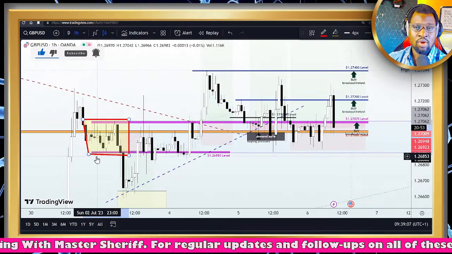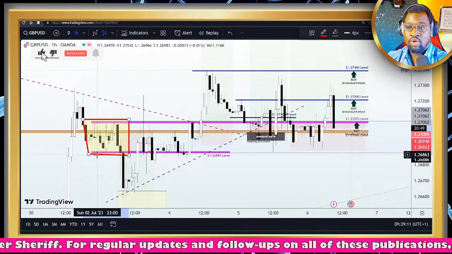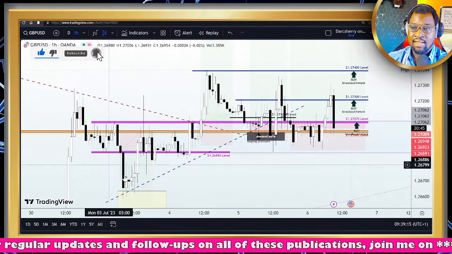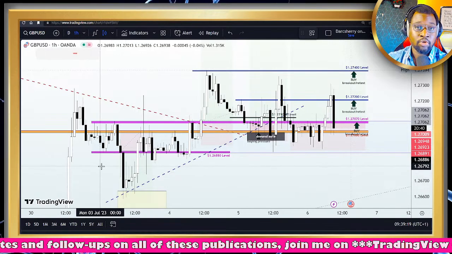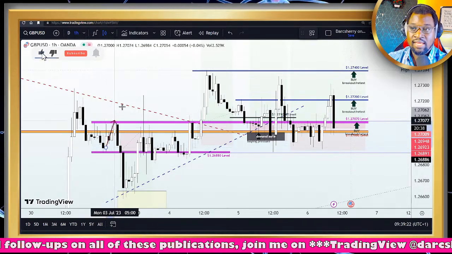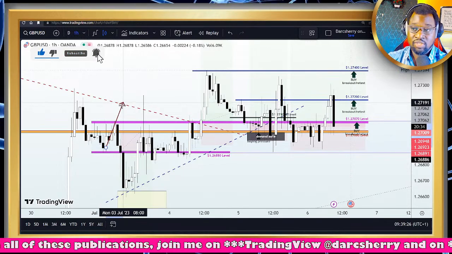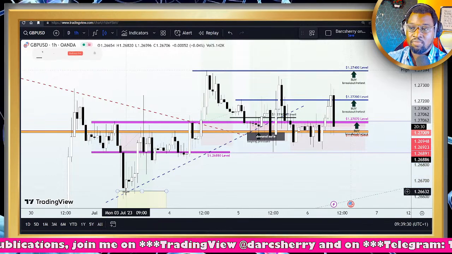And this is also a beautiful flat channel for us to work with for the week. And you know how we do it in this community. Whenever we have this kind of simple flat channel, we want to wait for price action to give us a signal of where price action will be going, which of course will come either in the form of a breakout of the resistance line for buying opportunities or breakdown of the support line of that channel for selling opportunities.